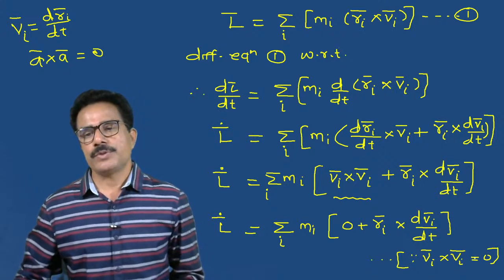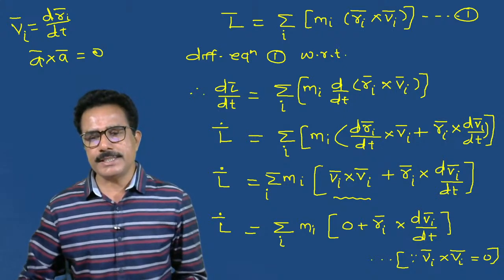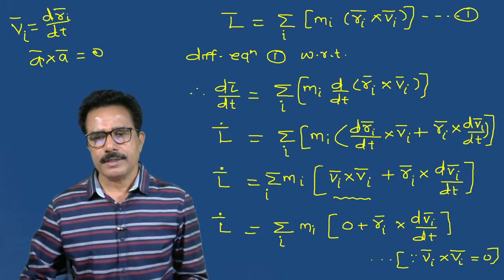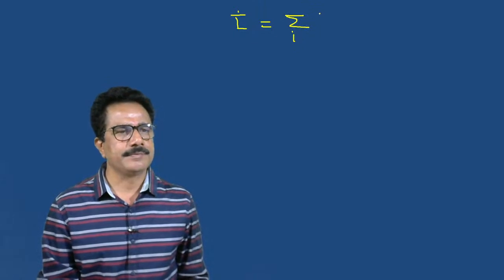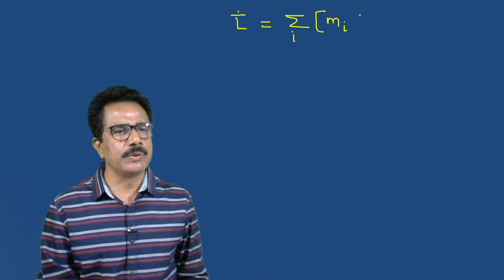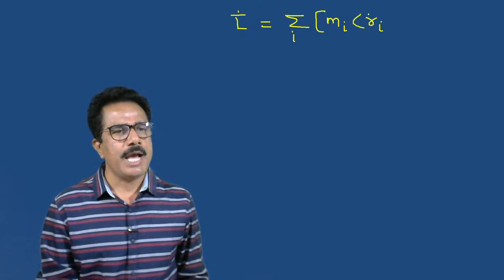Okay, so we got the next result. Now we can write this as L bar dot is equal to summation over i of mi into ri cross dvi by dt.